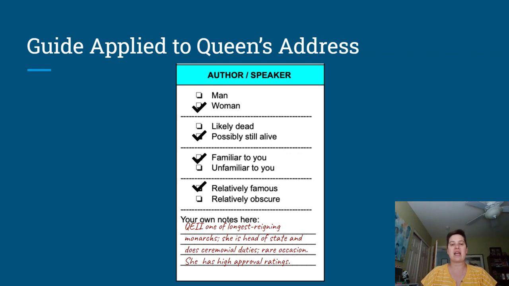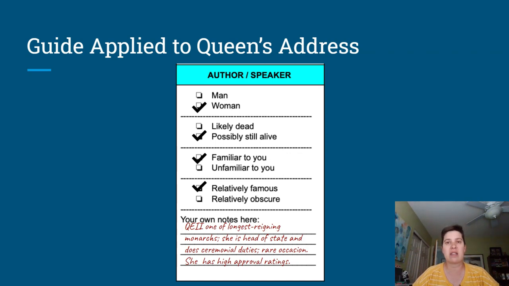So some things that you may want to do, a little bit of research on Queen Elizabeth II. She is one of the longest reigning monarchs. She is the head of state and does the ceremonial duties. She has high approval ratings. And this is actually a very rare occasion for her to take to the television and have a public speech.